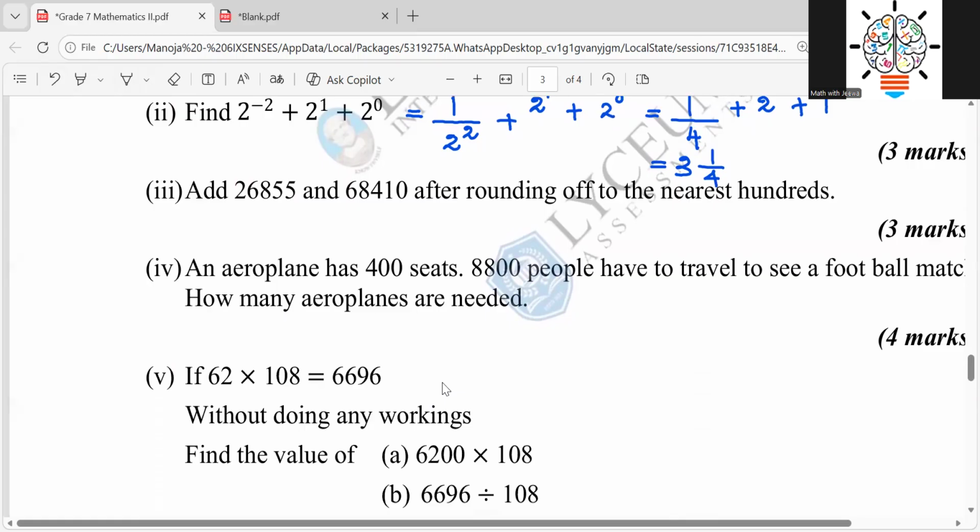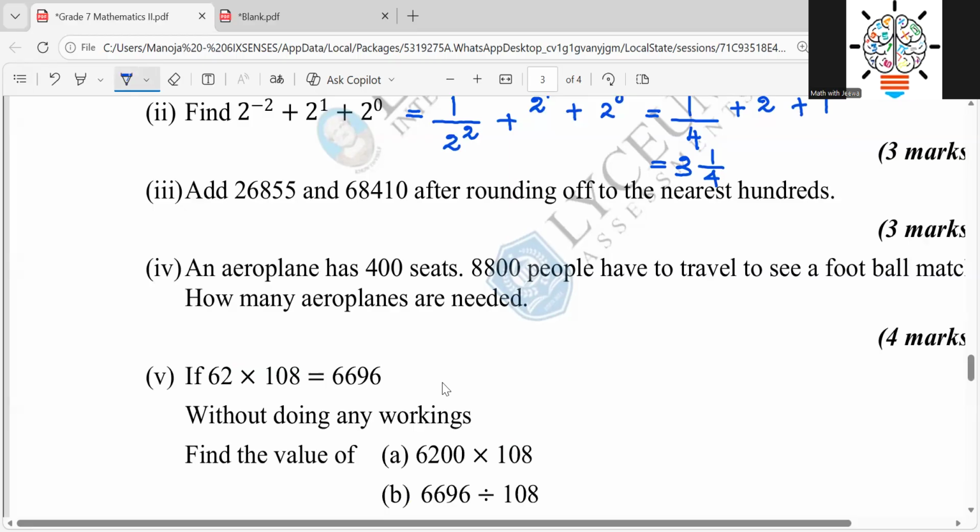So then add 26,855 and 68,410 after rounding off to the nearest hundreds. You want to add these two numbers, but not as they are. First, you want to round them off to the nearest hundreds. When you are rounding to 100, 1,000, or tens, you underline the relevant place value.